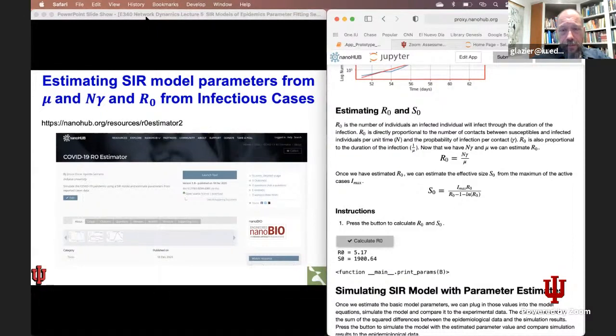Fitting is a bit of an art. I mean, there's lots of mathematics around it, but ultimately every problem you fit is slightly different. So one has to be willing to play and poke at it a little bit to get it to work.